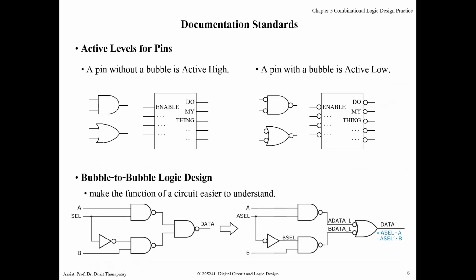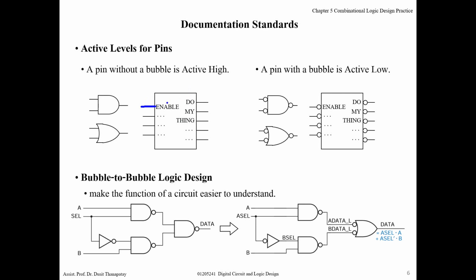For example, for the logic gate symbol, this one is active high. But if I add a circle around here, that means this one is active low. For example, this enable is some control signal. If enable is active, the circuit will operate normally.